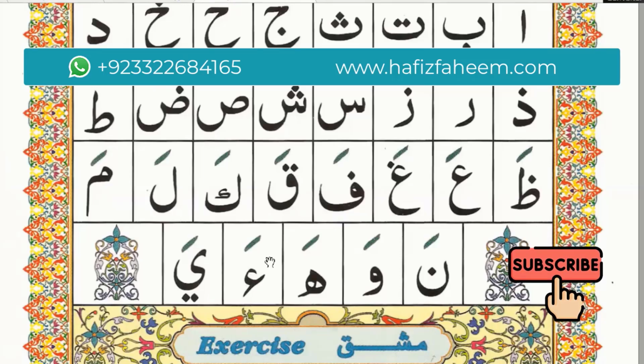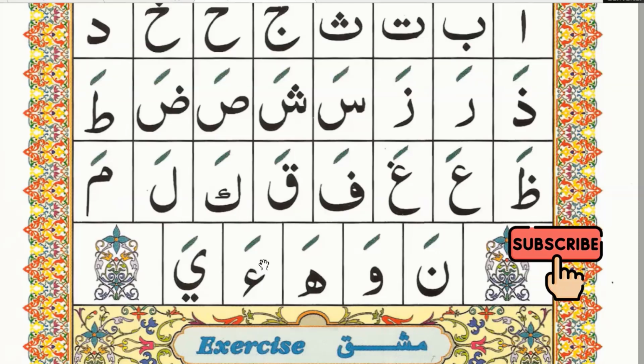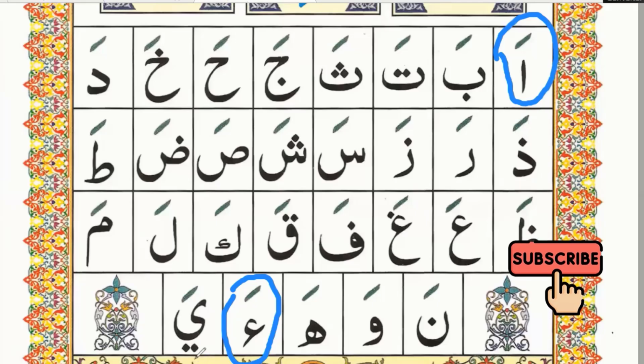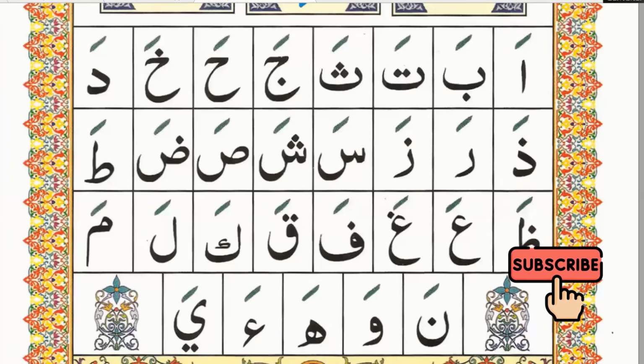This one, it's A. Hamza, Fatha, A. This is A. This is also A. Okay, good.